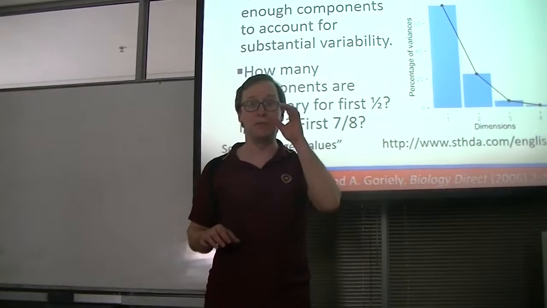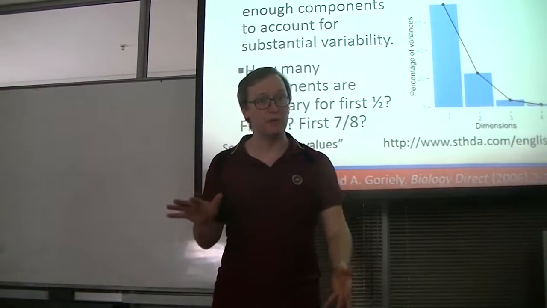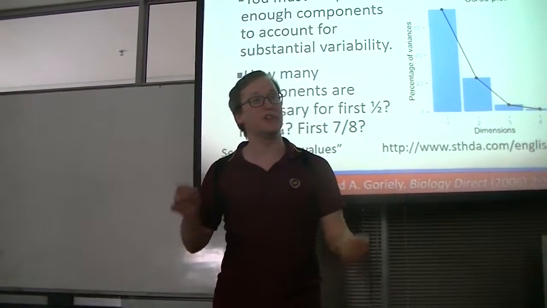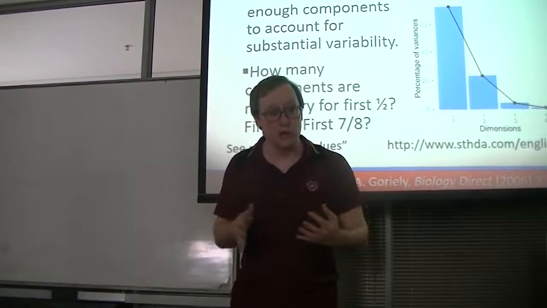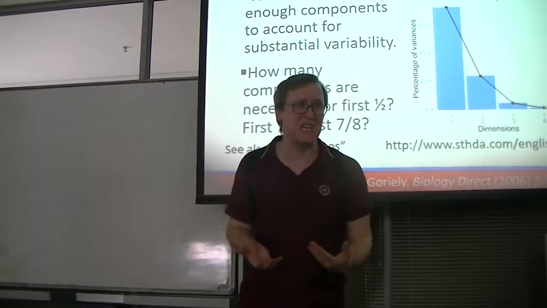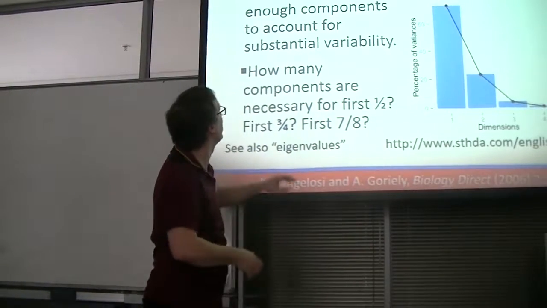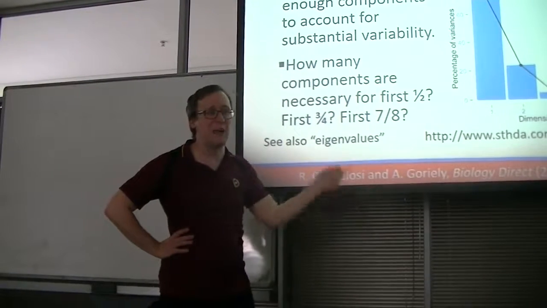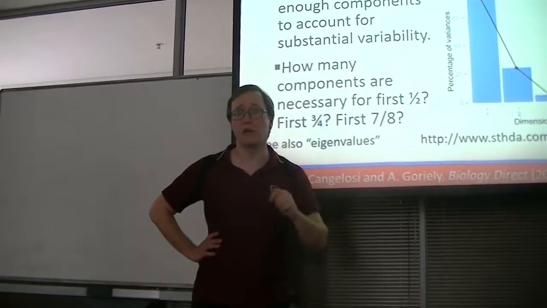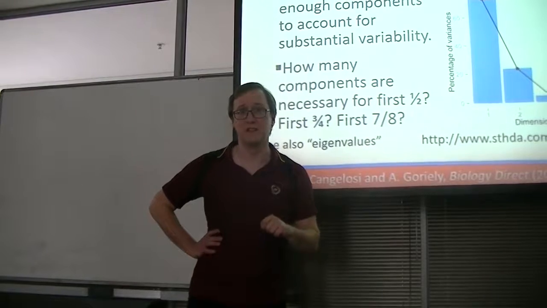We're going to see some examples in which the number of metrics is much larger than the number of components you actually need to keep. Okay, so there are a lot of different rules of thumb on how many components you should keep when working with principal component analysis.